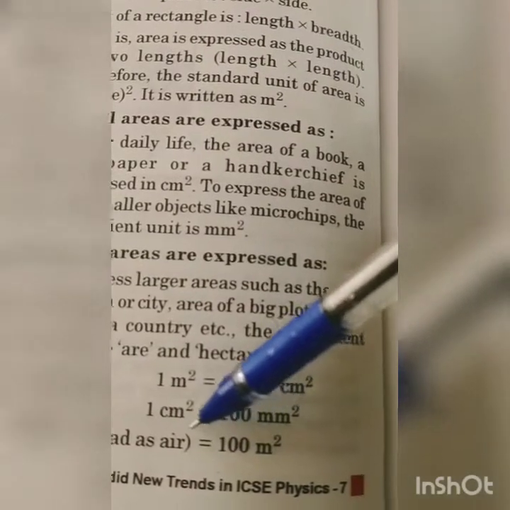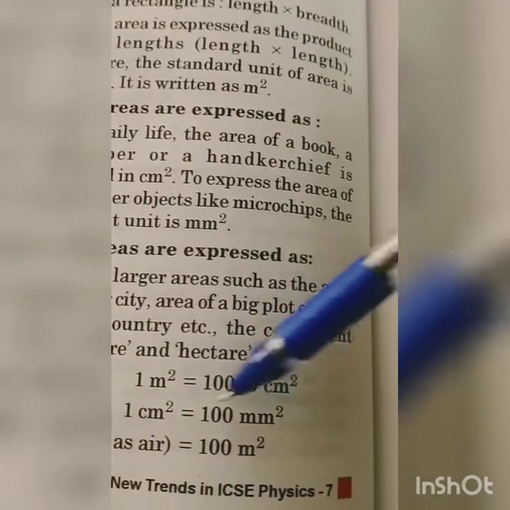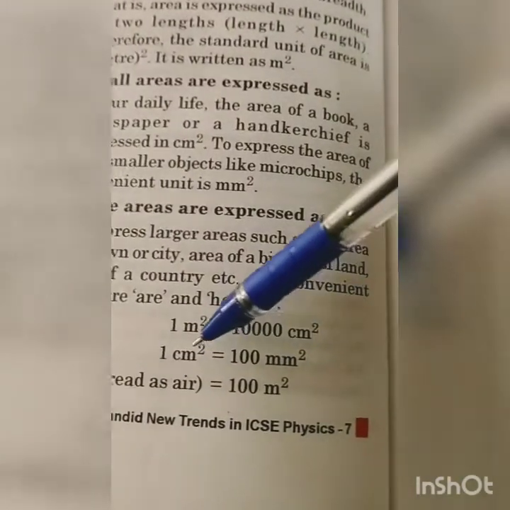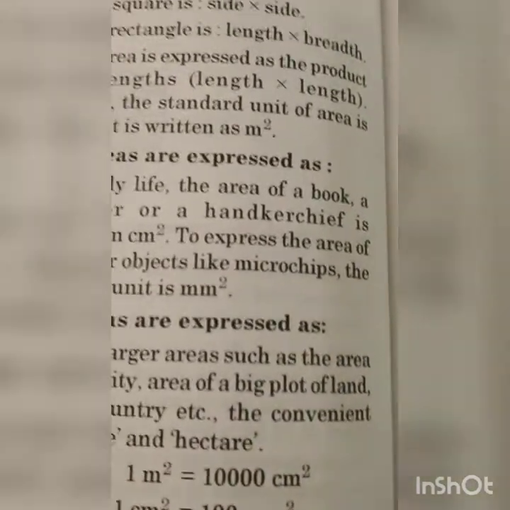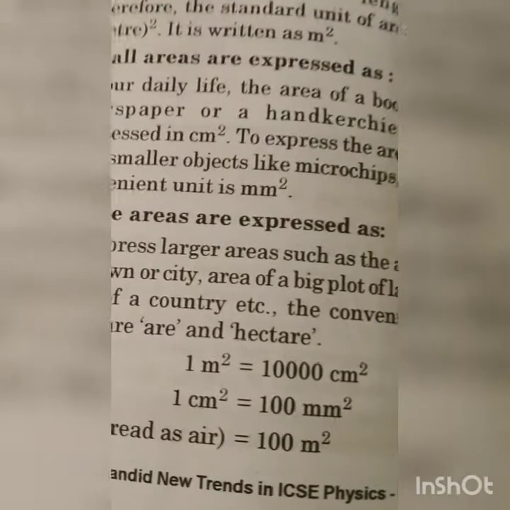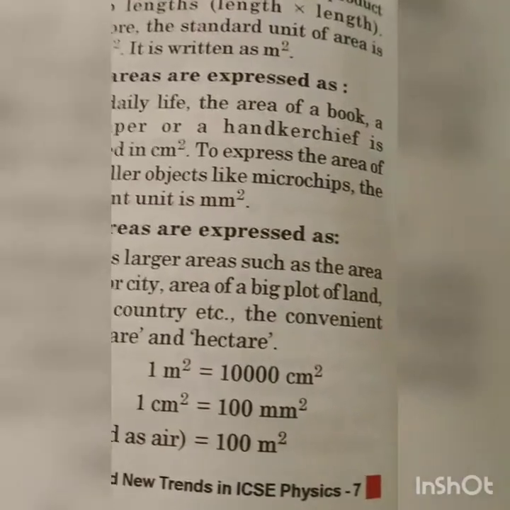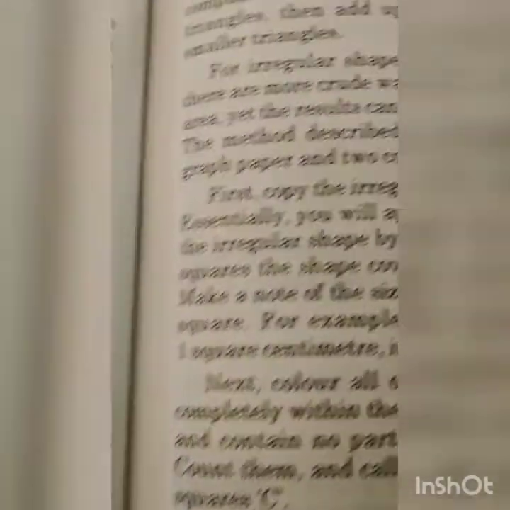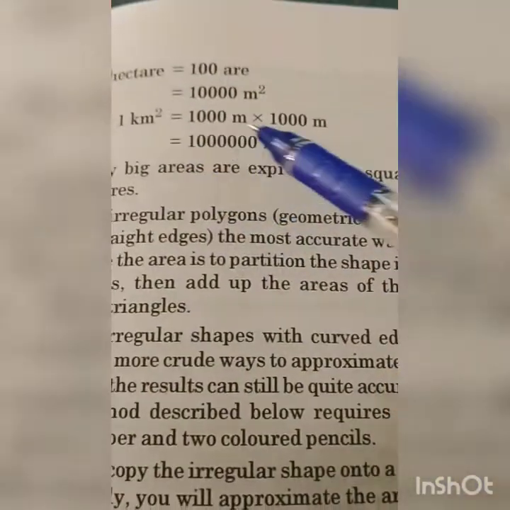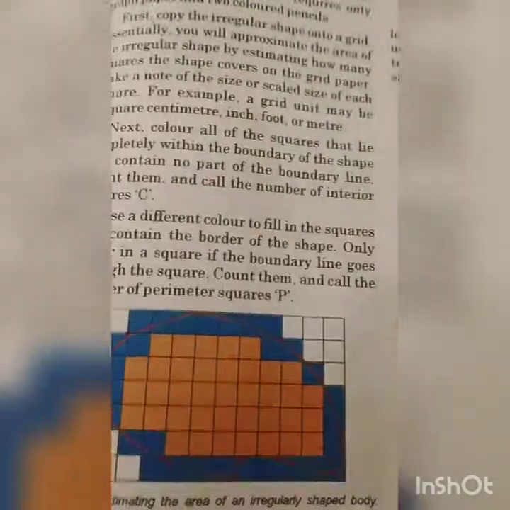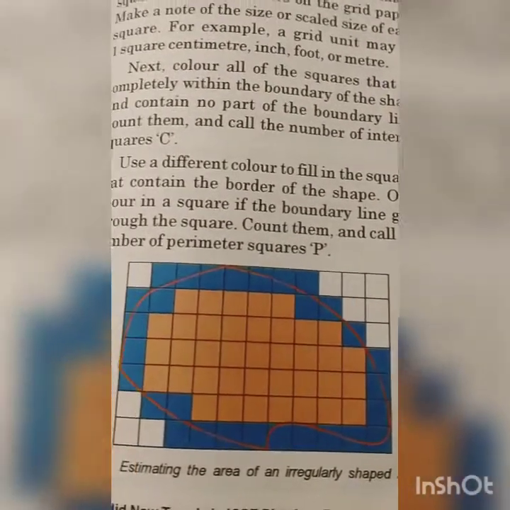There can be multiples for smaller quantities: centimeter square or millimeter square, and the conversions. You should remember the conversions also, and the bigger units, hectare or kilometer square, and their conversions.